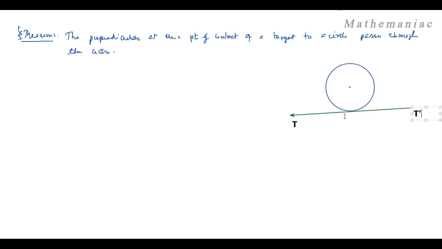Then the point of contact, suppose it is P, and the center you are considering for the circle is suppose O. So we have these things, right? So now what exactly we have to do is to draw a perpendicular at this point, and we have to show that this perpendicular passes through the center of the circle. This is what we have to prove, remember it, right?